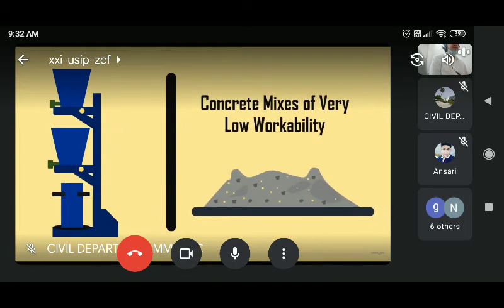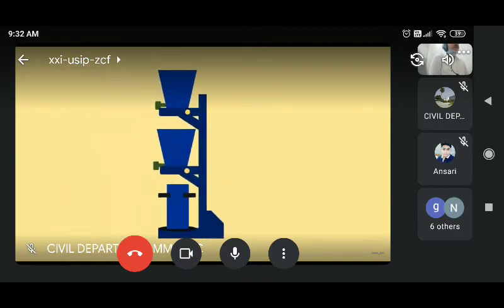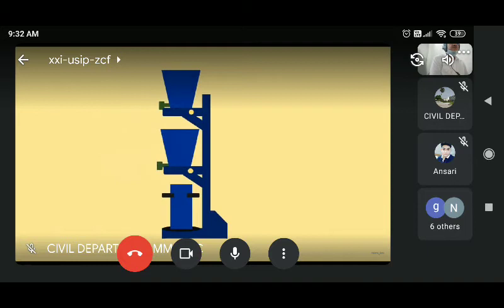If low workability is there, then we use such apparatus.